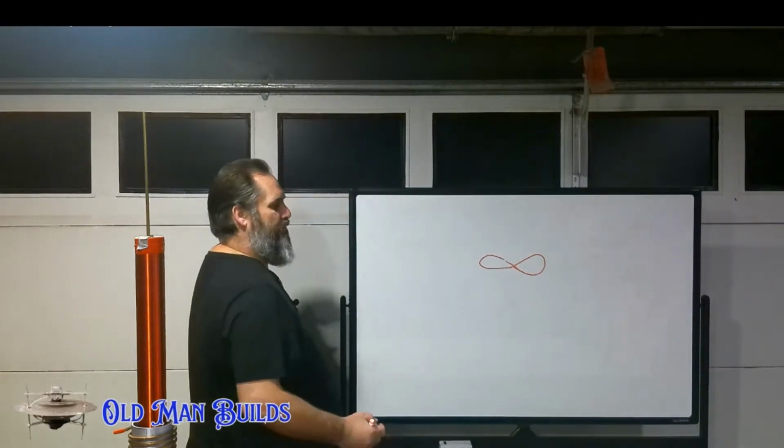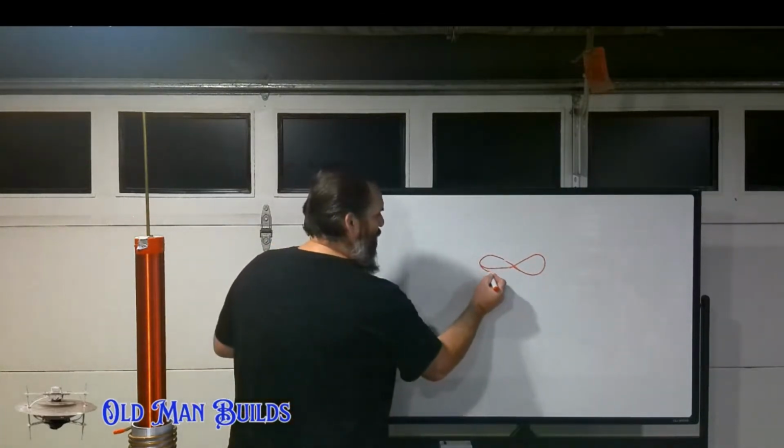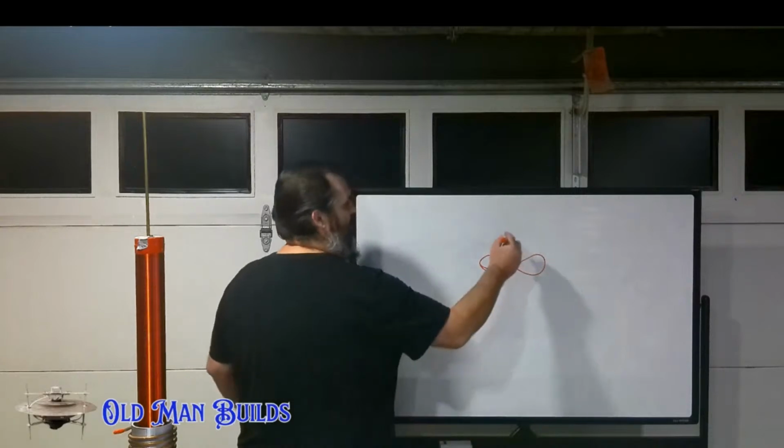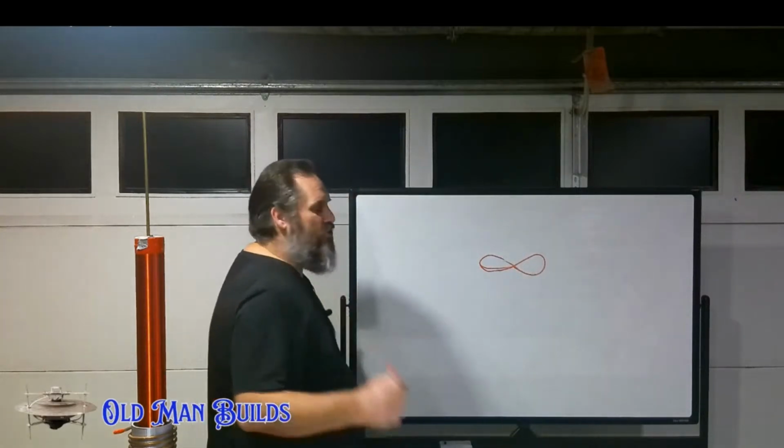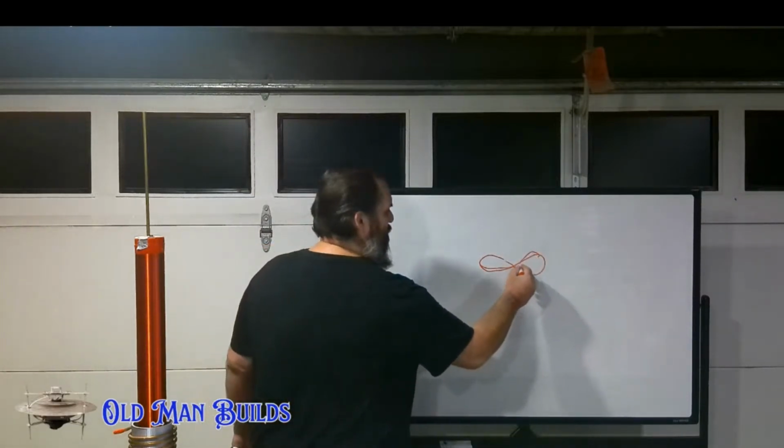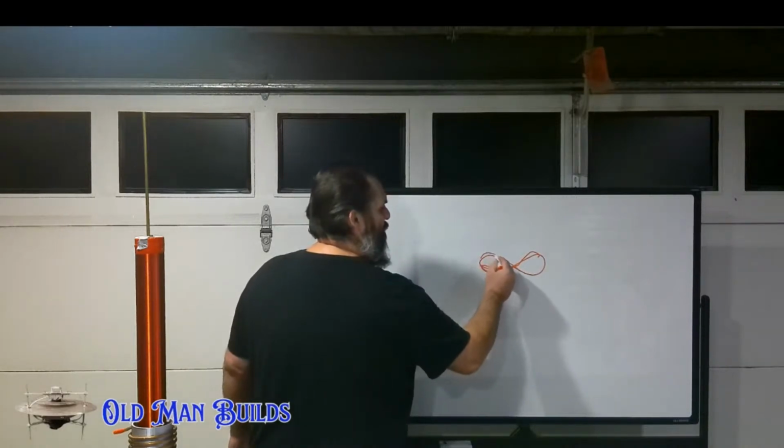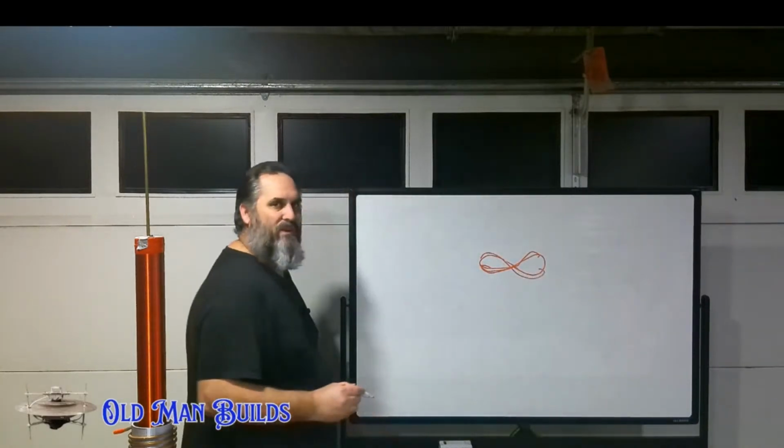Right here, build your coil. Man, I wish I could draw better. I'm not just taking the energy that I'm running through the windings here, okay? That's one part of it.